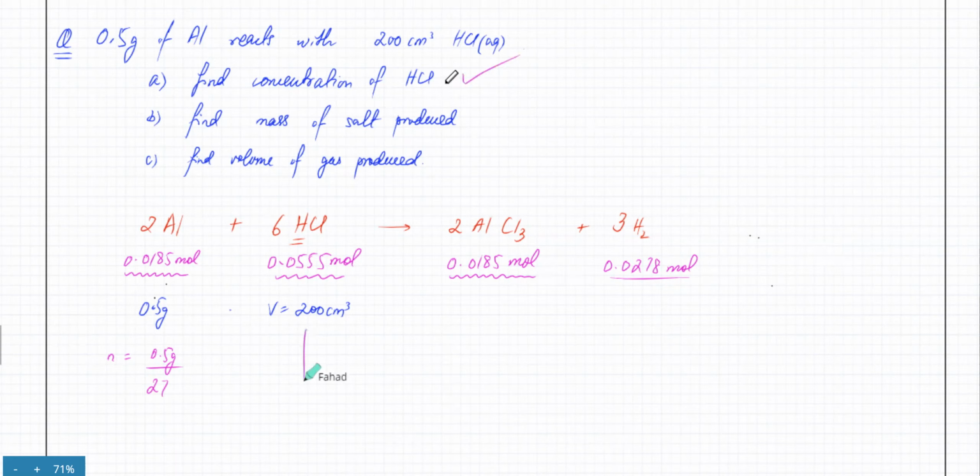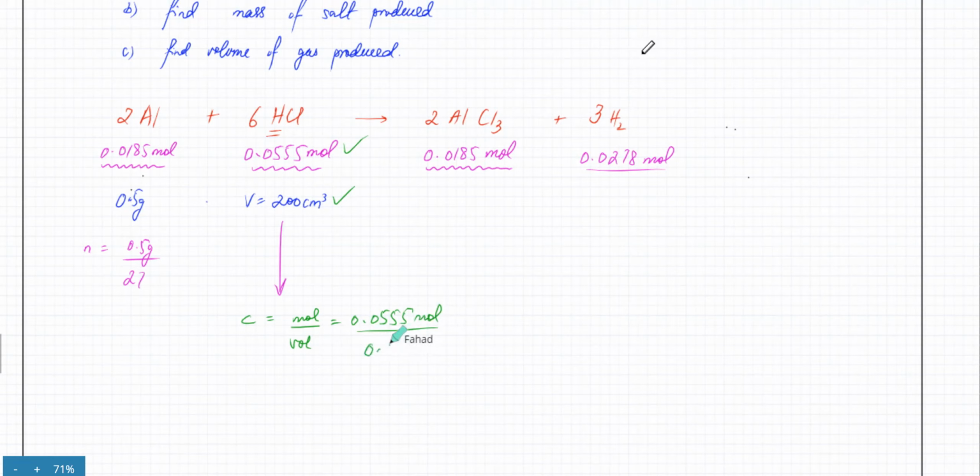So put it in the formula. How many moles? 0.0555. And the volume must be in dm cubed. So in dm cubed, 200 cm cubed divided by 1000, that's going to be 0.2 dm cubed.